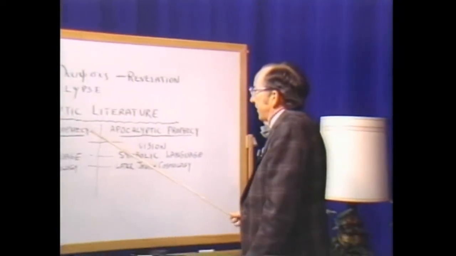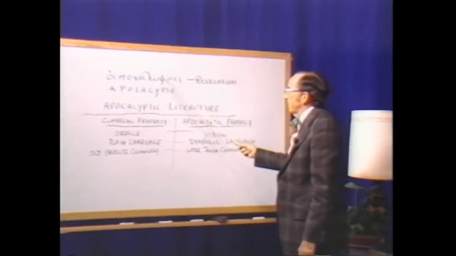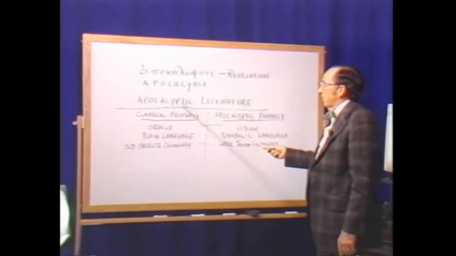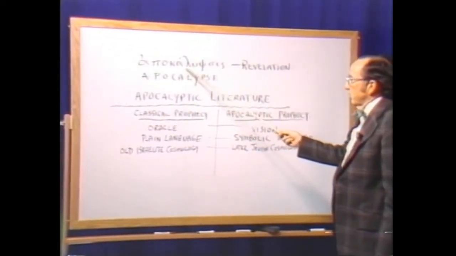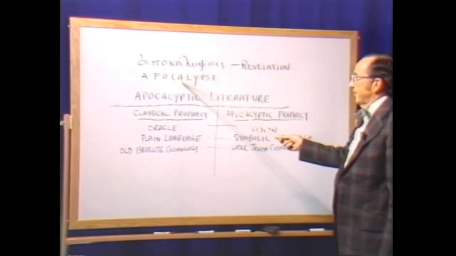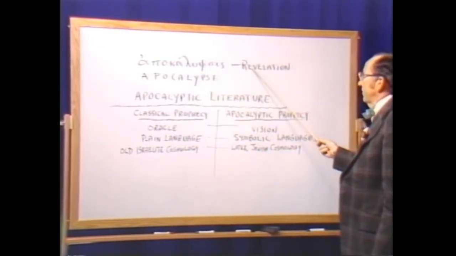We saw last time that this new kind of prophecy is generally called apocalyptic because of the Greek word apocalypse. Here's the Greek word, here's the transliteration into Latin letters, here's the meaning of the word, revelation.